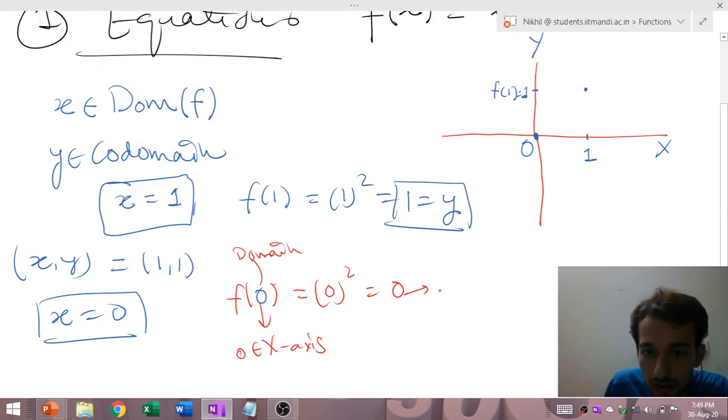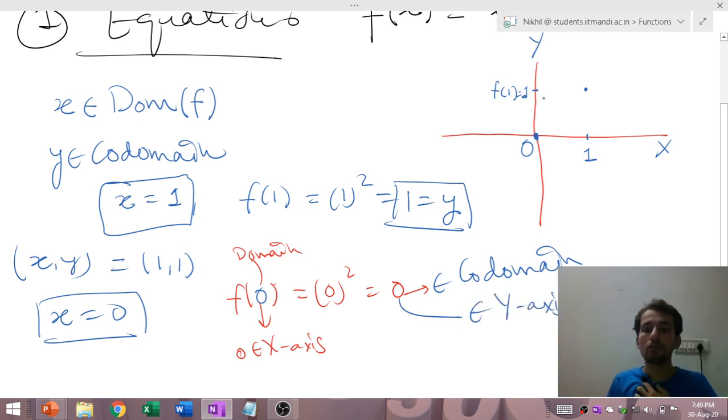The 0 belongs to the codomain, or the 0 belongs to the y-axis, the value. Fine. F of 0, in this case, was here, and these values are here.